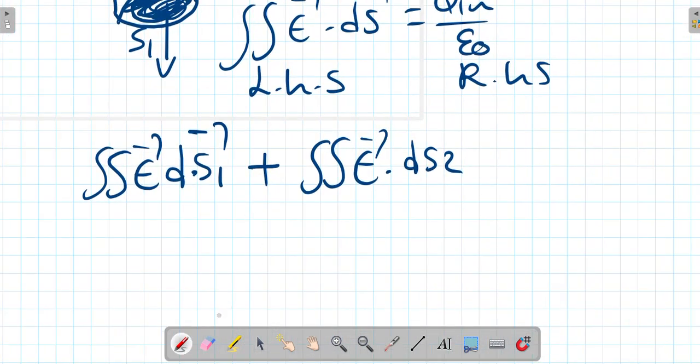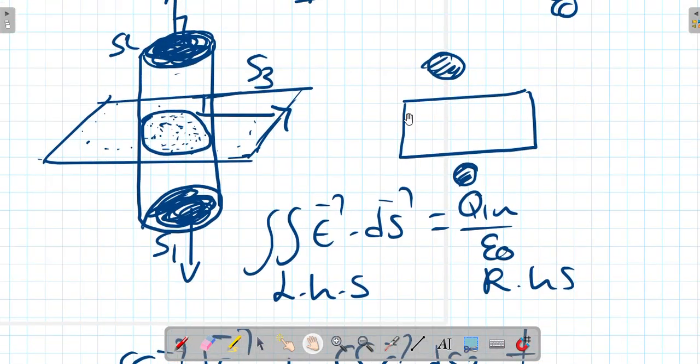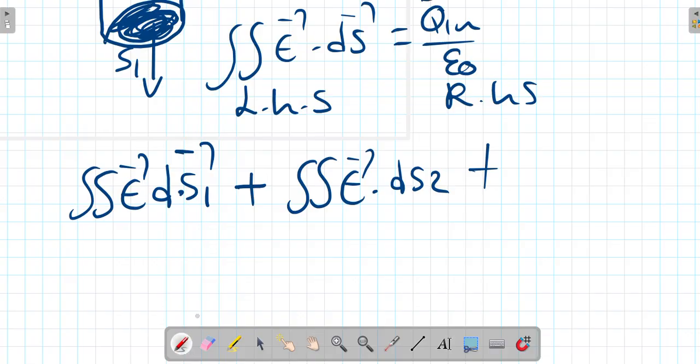Then the third one will be the lateral surface, which is curved inwards to make a cylinder. Then the third surface will be E dot dS3.